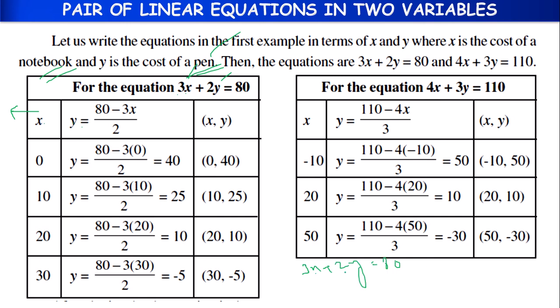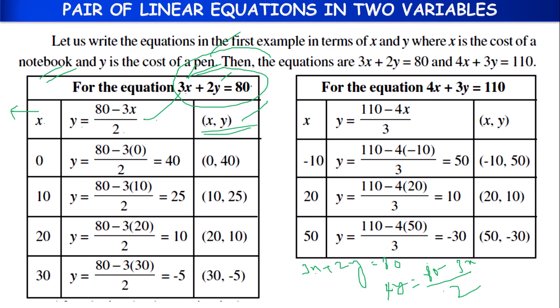This 3X comes to this side, so 2Y equals 80 minus 3X. If 2 comes to this side, Y equals (80 minus 3X) by 2. So from this equation, we can write Y as (80 minus 3X) by 2 in terms of X. And we will take the ordered pair X comma Y values like a pair in the third column.